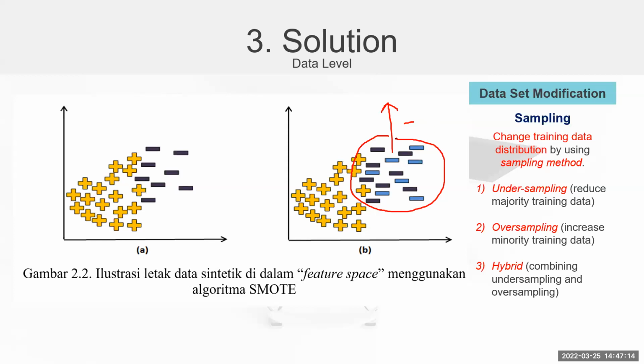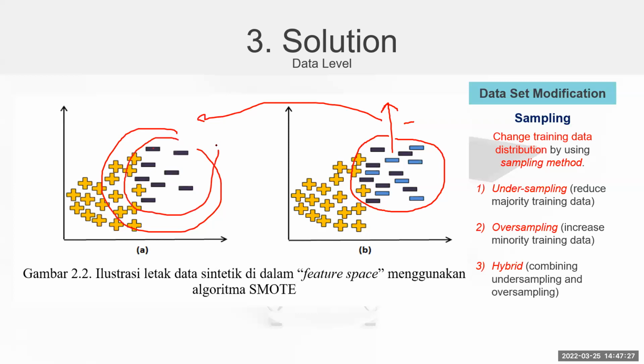Compared to if we only duplicate the minority data without adding synthetic data, the decision border does not get larger. So if we use SMOTE, the recall is higher than if we only duplicate the original data.